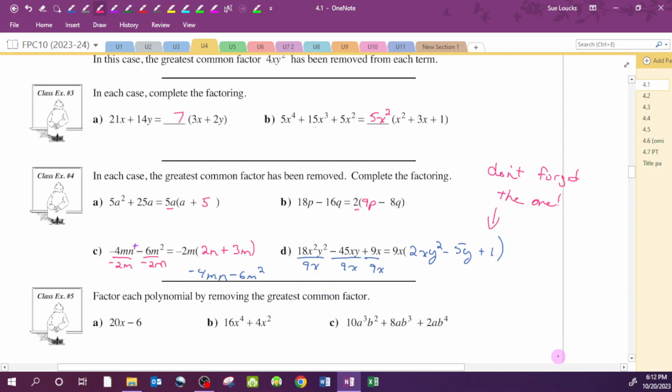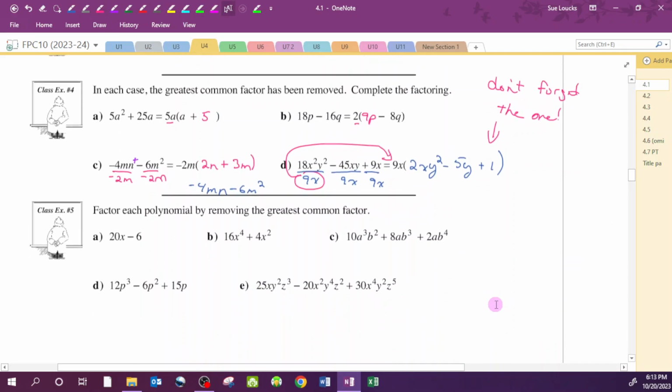That's really easy to miss and really important that you don't, okay? If you have 3 terms in your question, you are going to have 3 terms inside the brackets when you factor it, okay? And this is what I was saying, remember that you have to include what you're dividing it by. If you do write it like this to help you, you have to have this 9x here, right? That's what's going out in front because that's what you're pulling out of it, okay?